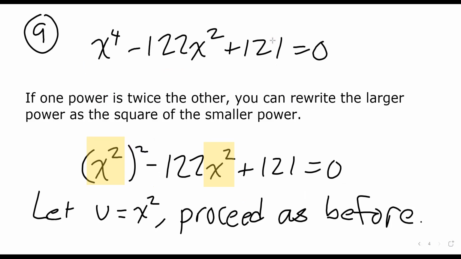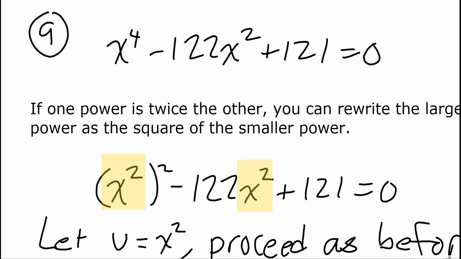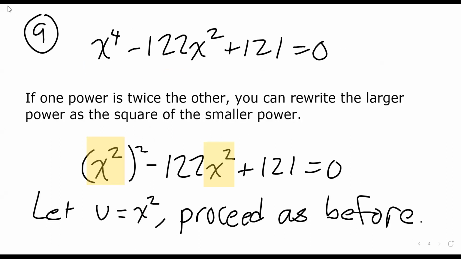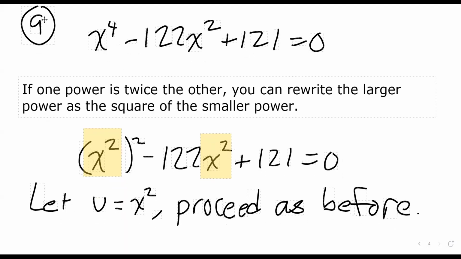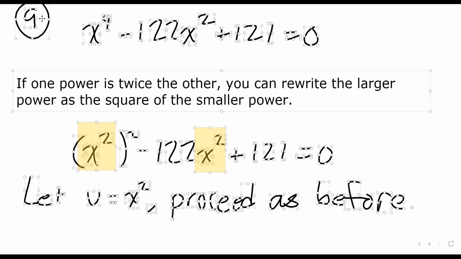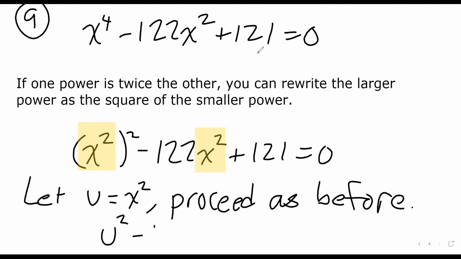So like the negative 121 plus the 121, the square minus the 122 plus the 121 equals 0. Yes. So your equation would become u squared minus 122u plus 121 equals 0. And then you would just solve that.